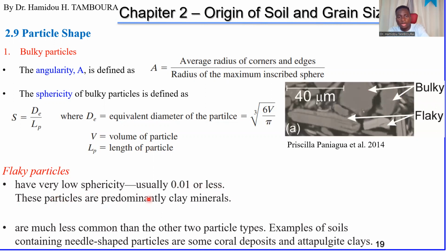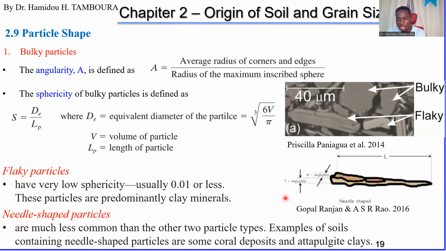So these particles are mainly clay mineral. And the last type, the needle-shaped particle, shown in this figure. As you can see, it's just like a needle. And they are much less common than the two other types. Examples of soil containing these needle-shaped particles are coral deposits and anthracite clay.